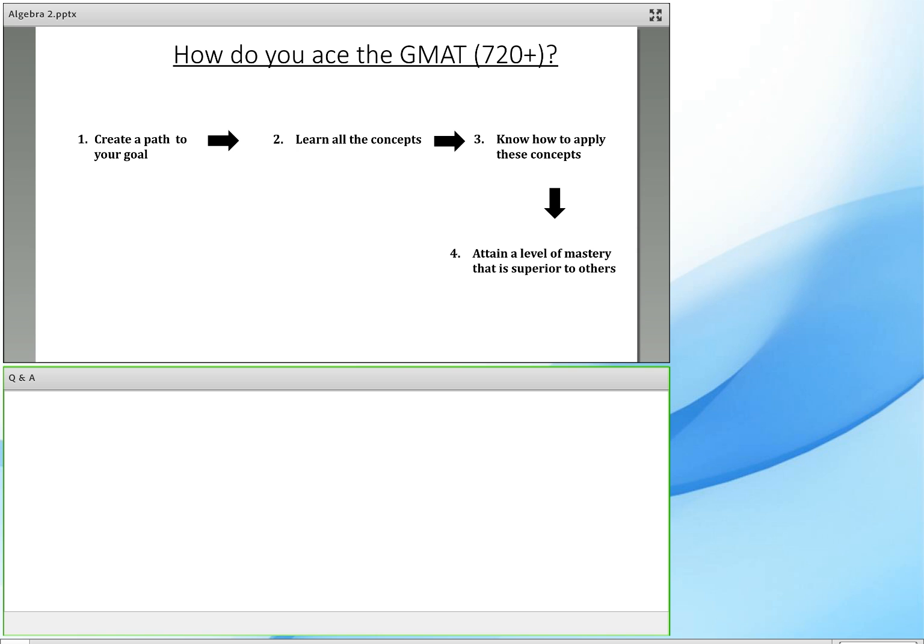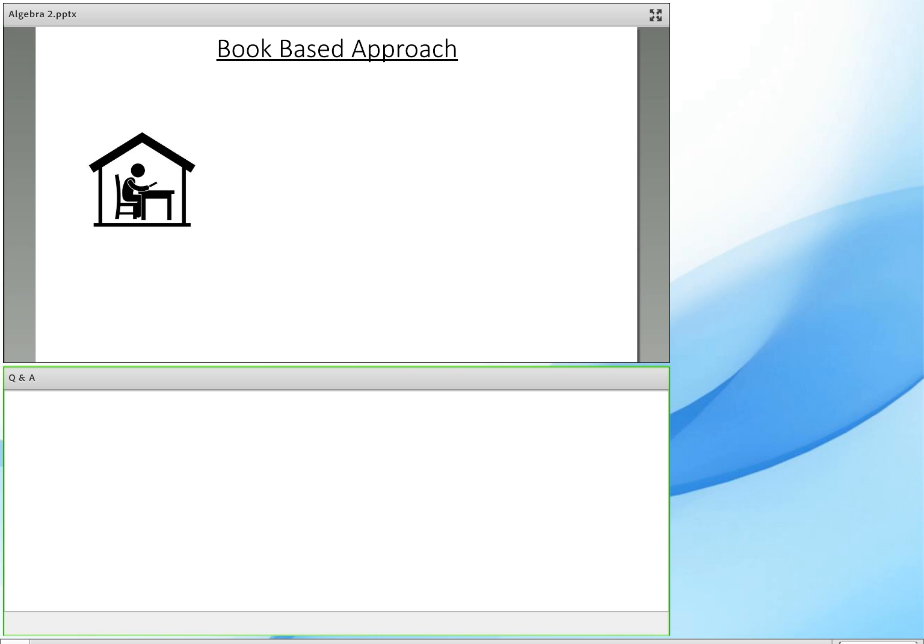Let's see how a book-based approach tackles that challenge. A book-based approach is all about uniformity in one way. When you start studying using a book, you get two study plans, one verbal, one quant-based, and you decide which study plan to use, and you go on from there. Then you start learning concepts. Now, books are a great source of learning concepts.